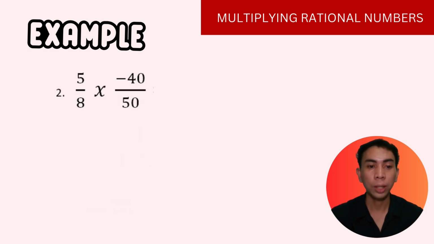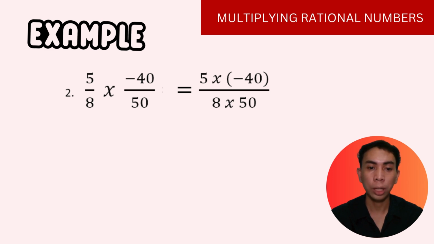Now let's take a look at example number 2. 5 over 8 times negative 40 over 50. Multiply first the numerators, 5 times negative 40. Positive times negative will yield a negative result, which is equal to negative 200. On the denominator, 8 times 50 is equal to 400.